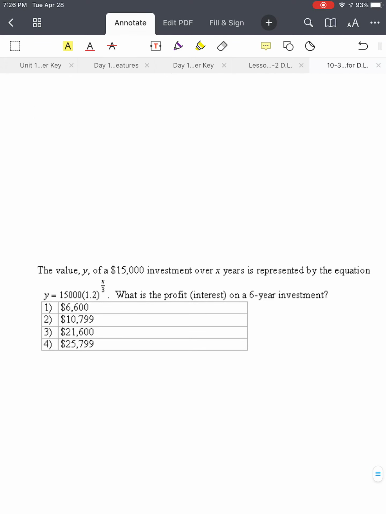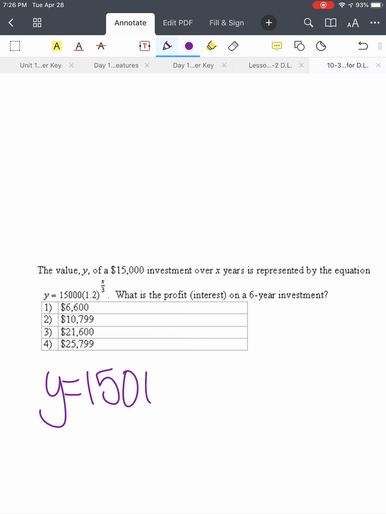Okay, I have one more to do with you, and then I want you to try just one totally on your own. The value Y of a $15,000 investment over X years is represented by the equation, and they give us this equation. Okay, this is nice, actually, because they give us the equation. We don't have to do anything. All we have to do is plug in 6. They tell us that X is years, and then they tell us to plug in 6.